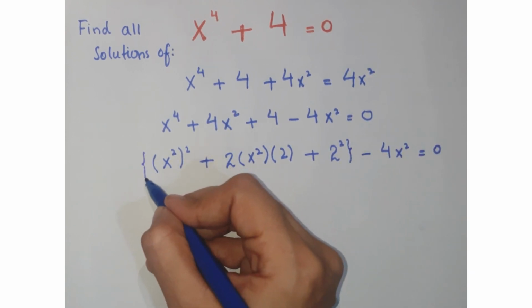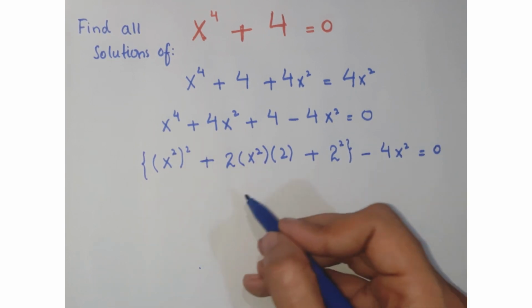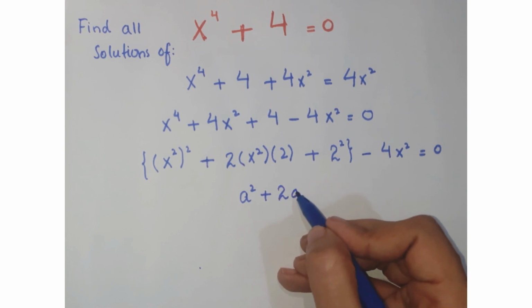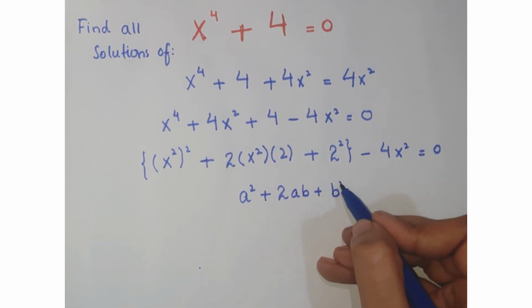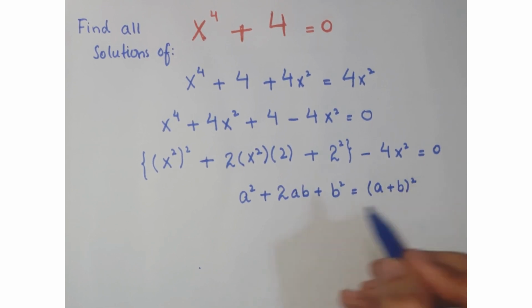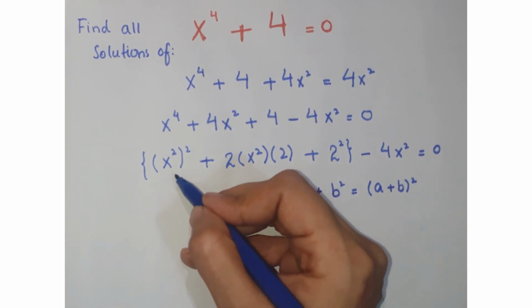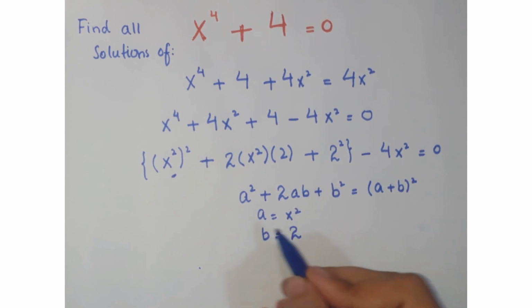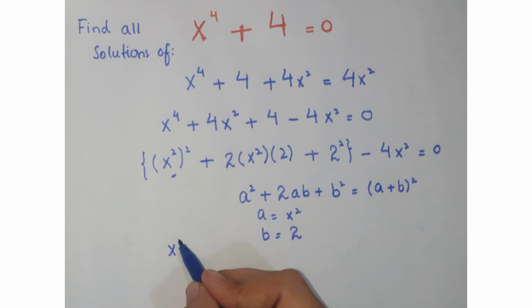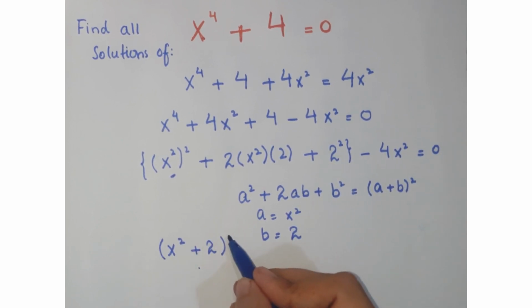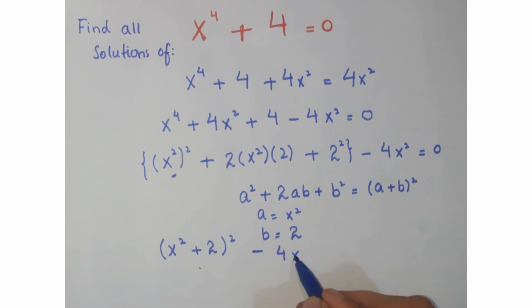Now, comparing this part of the equation with the identity a squared plus 2ab plus b squared is equivalent to a plus b whole square, here a is x squared and b is 2. So you can write it as x squared plus 2 whole square minus 4x squared equivalent to 0.